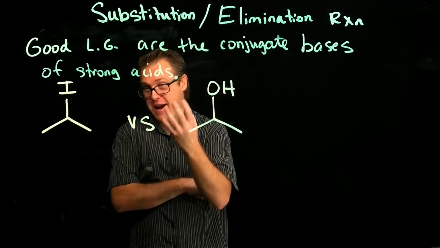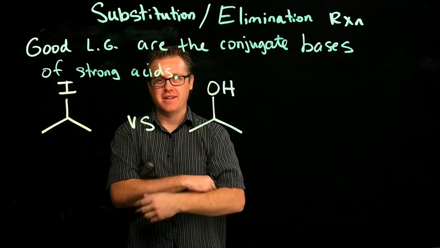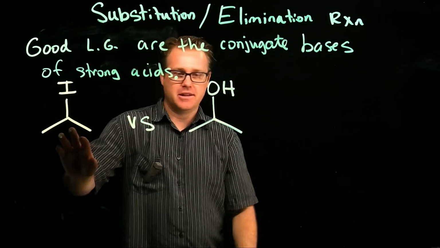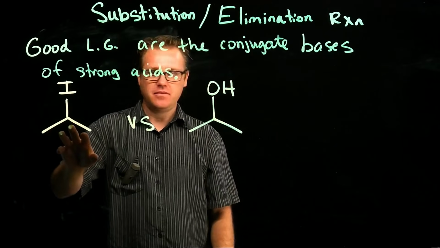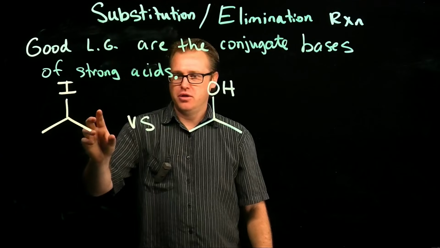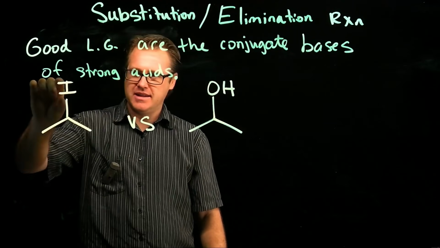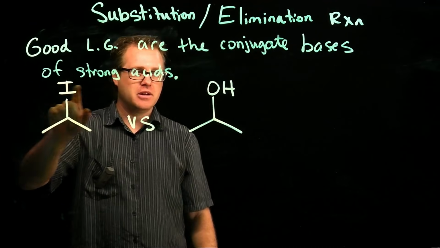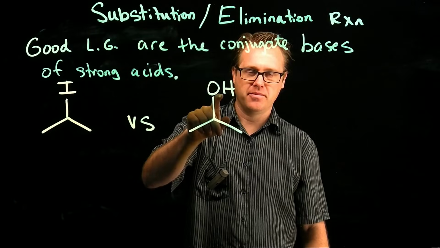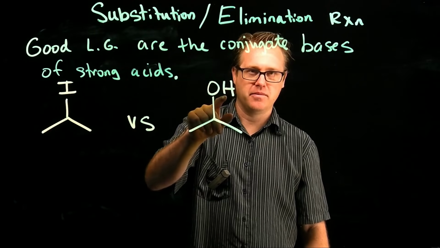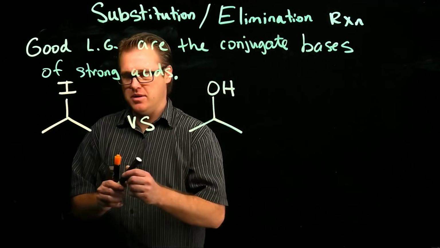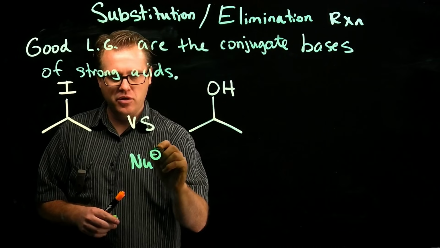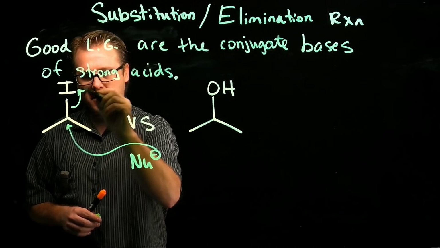But now you have to translate what that sentence is trying to say. So to help you understand that, let's look at these two examples here. So we want to do a reaction with these. Is this iodine right here a good leaving group compared to this hydroxide group? Is that a good leaving group? So what we want to ultimately do is, can you do this reaction? Can you take a nucleophile and go in like this?